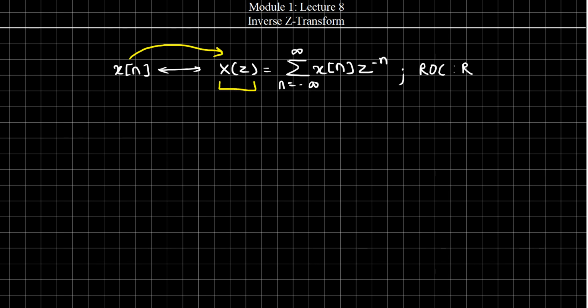But what if we are given the expression of Z transform and want to come back to time domain? This is achieved by what we call as the inverse Z transform.